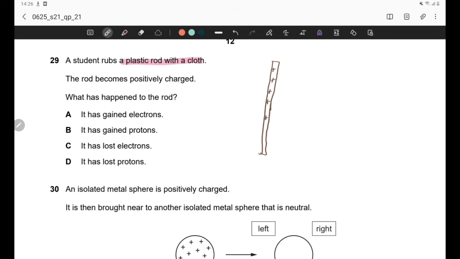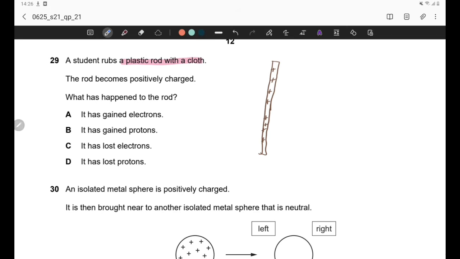That means it must have lost some electrons, because protons that have positive charge cannot move from an atom. So the protons cannot move, but only electrons can move.